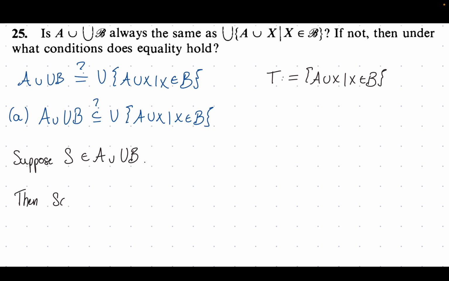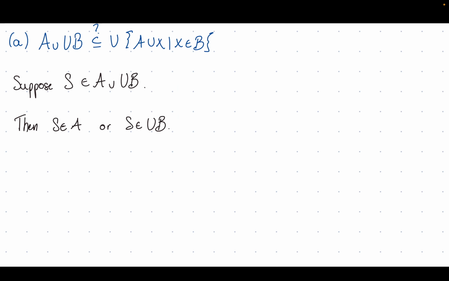Then by definition, S is going to be either in A or in the union of B. I like calling this a branch point because the proof kind of branches out into these two cases where you have to show that this is true and this is true, or rather, they're both true separately and in tandem.